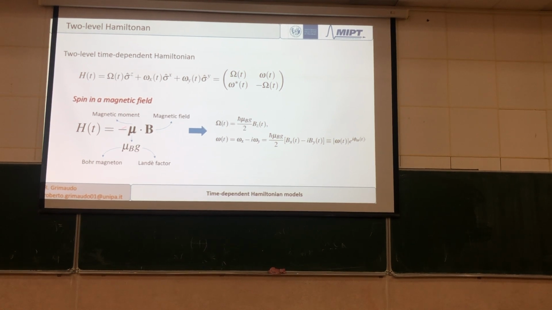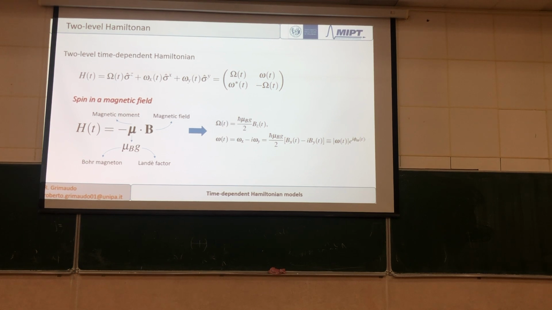Here, of course, we have the spin angular momentum operator for the spin 1/2, and proportional through these two quantities, this is giving the magnetic moment, and we have the magnetic field, which can be, of course, in general, time-dependent. So by putting these parameters, we can write the general time-dependent Hamiltonian in this way.